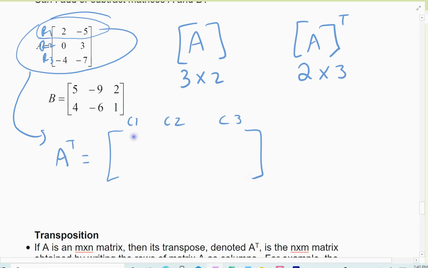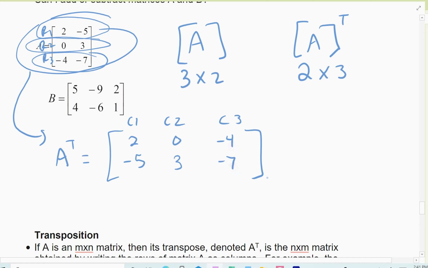Well, that becomes column 1, 2, negative 5. What was row 2, 0, 3, becomes column 2, 0, 3. And that's what they mean by, when you read the row, you read it left to right, right? 2, negative 5 becomes the column top to bottom. The 2 is on the top, the negative 5 is on the bottom. And the same thing for the last row. Row 3 becomes column 3, negative 4, negative 7.